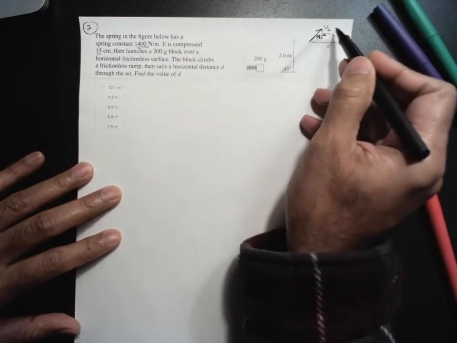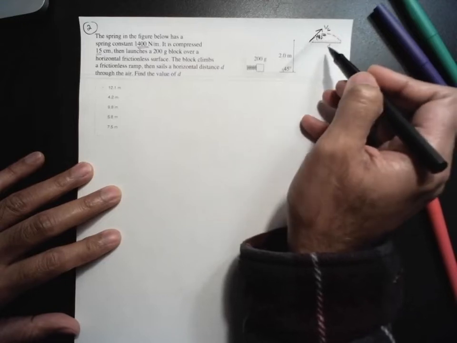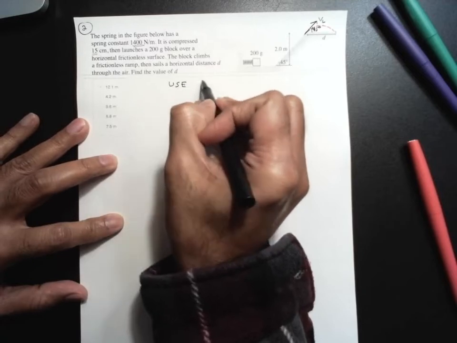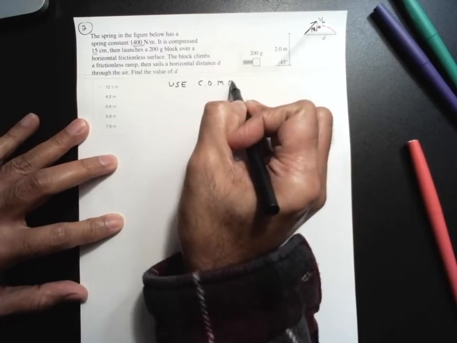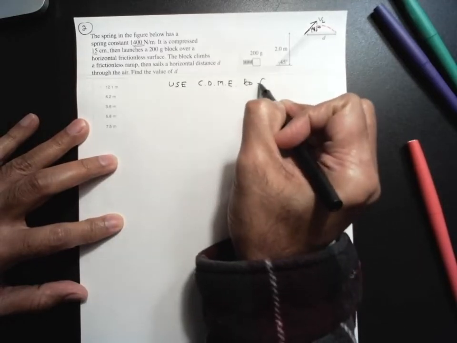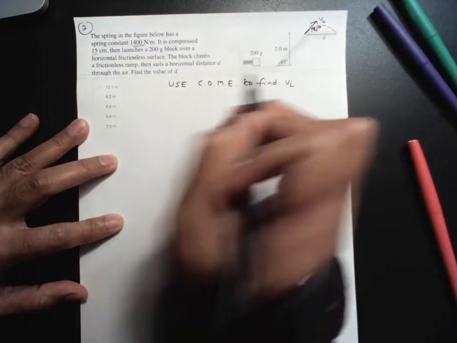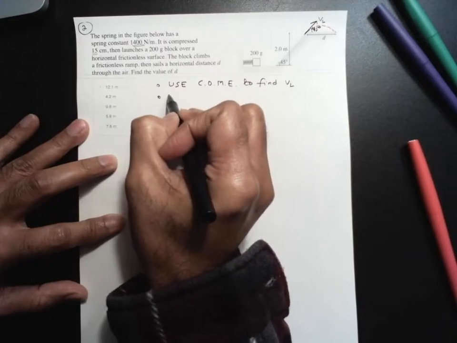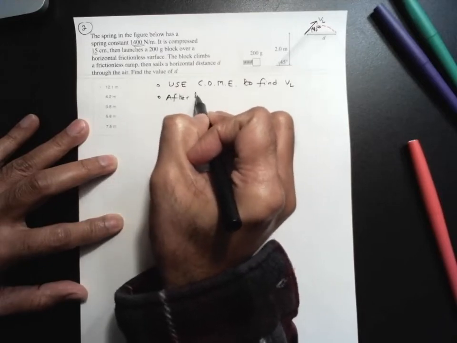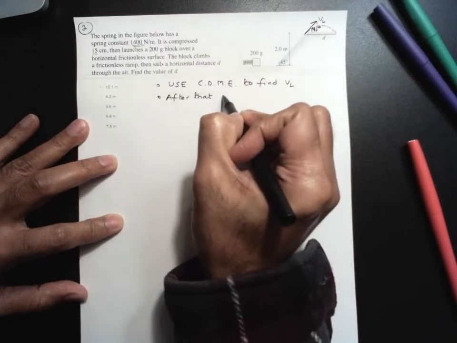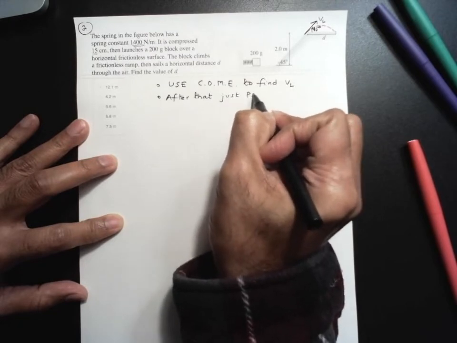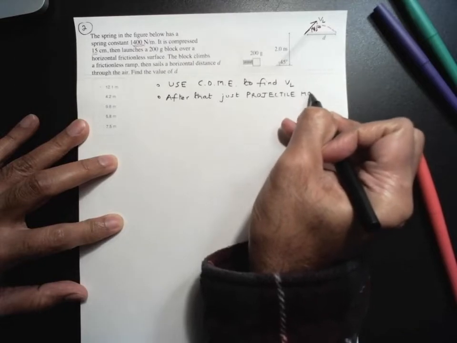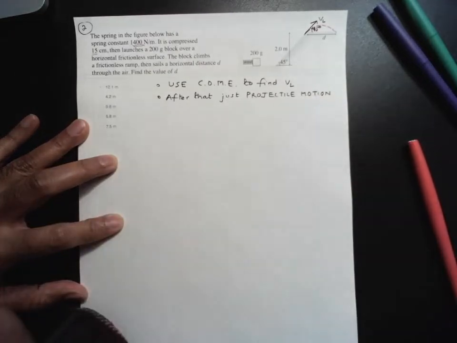It's just a simple projectile problem from here on. So all I need to do is use conservation of mechanical energy to find the launch velocity, and then after that, just projectile motion. Yeah, so that's all that we need to do.